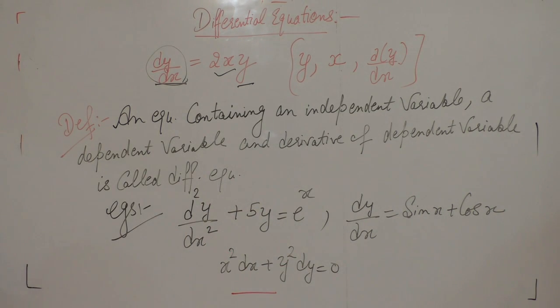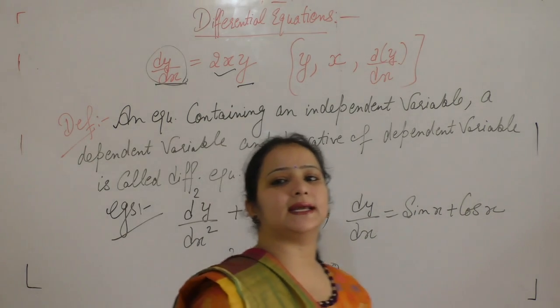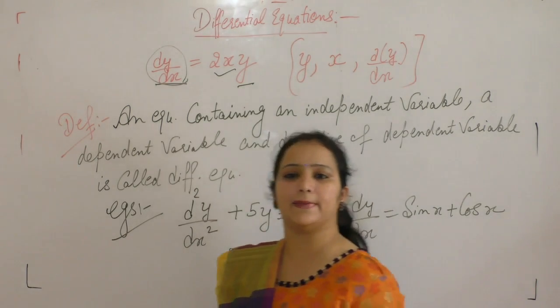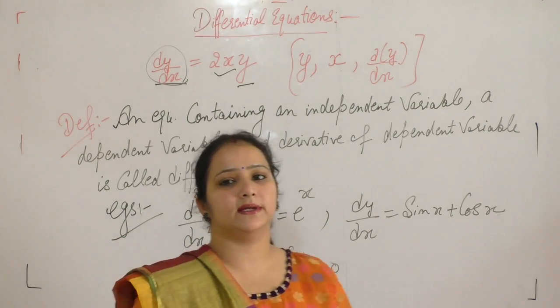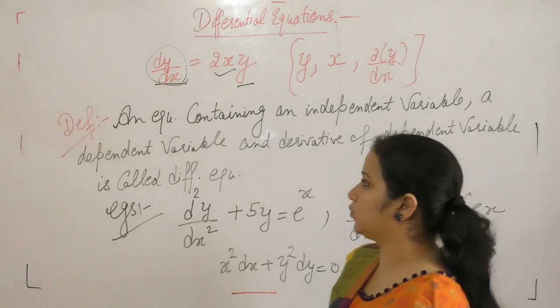These are some differential equations. Again I am repeating, what is differential equation? An equation containing an independent variable, dependent variable and the derivative of dependent variable is called differential equation.